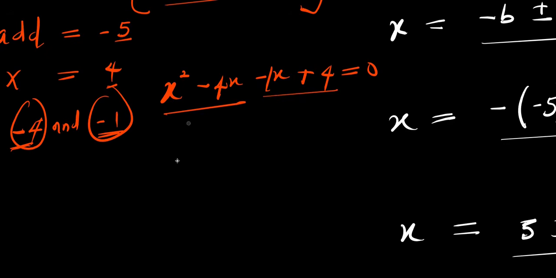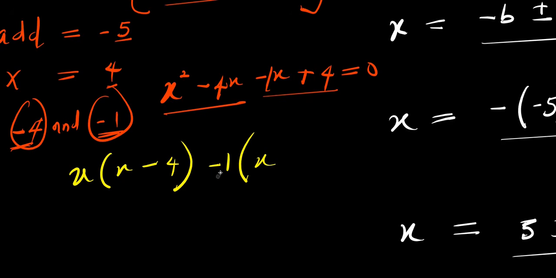We can factor x from here, or you can even group them. If you factor x from here, you have x times x squared divided by x, that is x, minus 4x divided by x, that is 4. Then minus 1 times x, and 4 divided by negative 1 gives minus 4, equals 0.